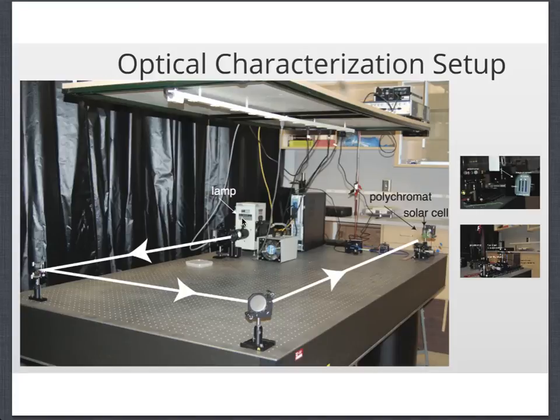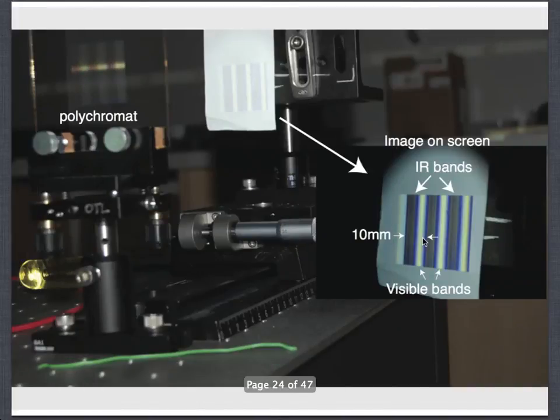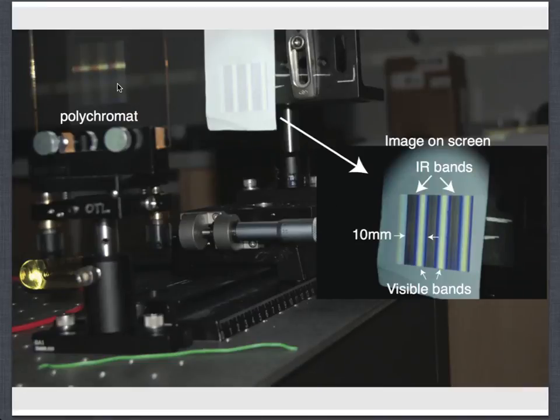So here is a setup, which has a lamp, I think a tungsten halogen lamp, and light is allowed to propagate over a long distance, to make sure that the light is well collimated, and then it shines on the polychromat here. So I can go over to the next slide. Here's the polychromat. The light comes in and creates a diffraction pattern, and if you put a white paper, something like that, you see a diffraction pattern, and that diffraction pattern is here.